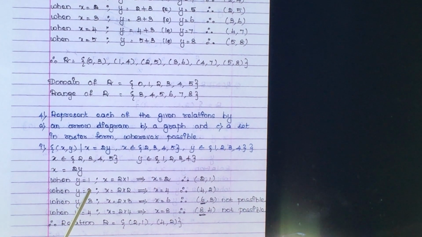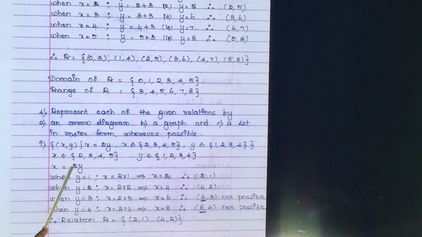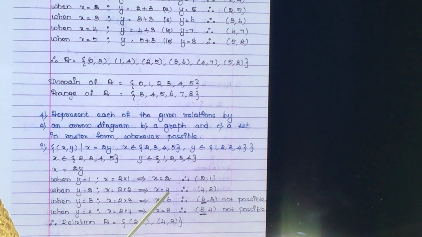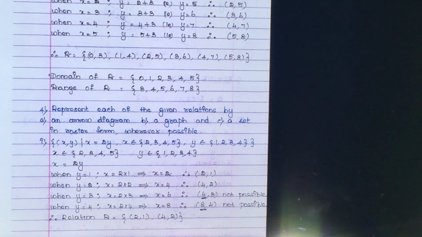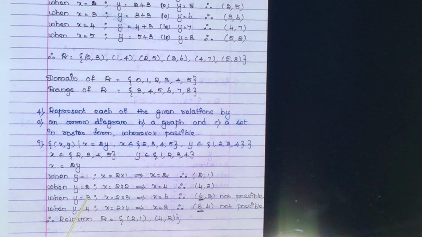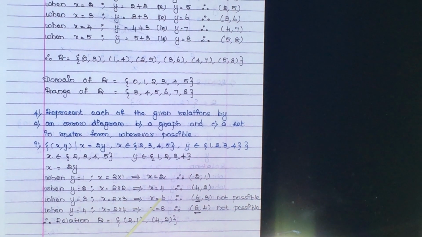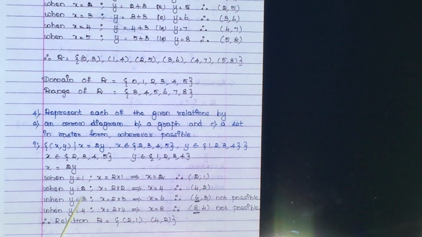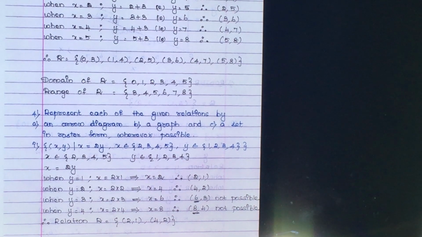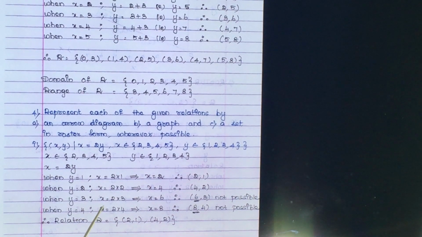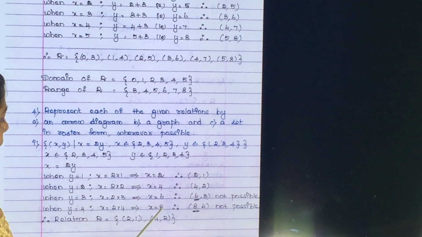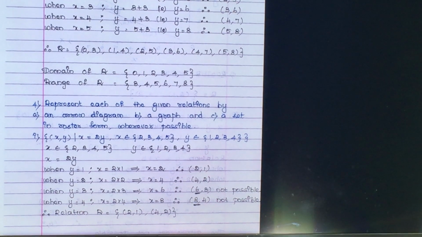Now when y is equal to 2, x is equal to 2 into 2, it becomes 4. So it is 4 comma 2. When y is 3, x equal to 2 into 3, 6. That is 6 comma 3. When y is equal to 4, x equal to 2 into 4, 8. Therefore it is 8 comma 4.